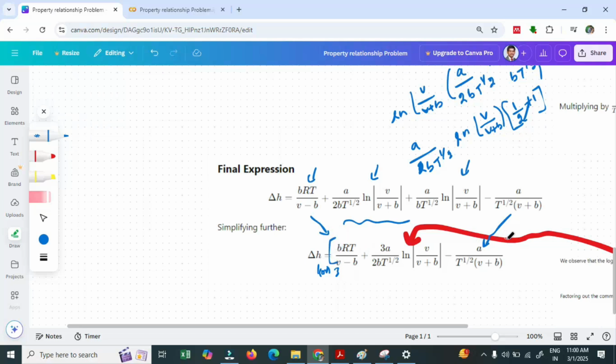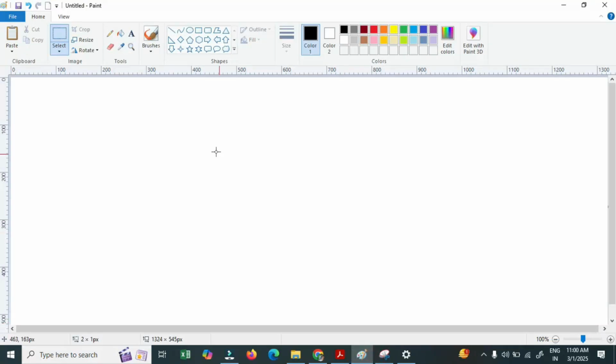Since we don't have CP data for the real gas, we applied a hypothetical method where I'm expanding my gas to the lower volume, V low, where my real gas will behave like an ideal gas, and I have heated it under an isochoric process. Then I brought the system back to 2. These two are isothermal. That's what we did in the previous case. And here, the step number 1 and 2, we can apply.